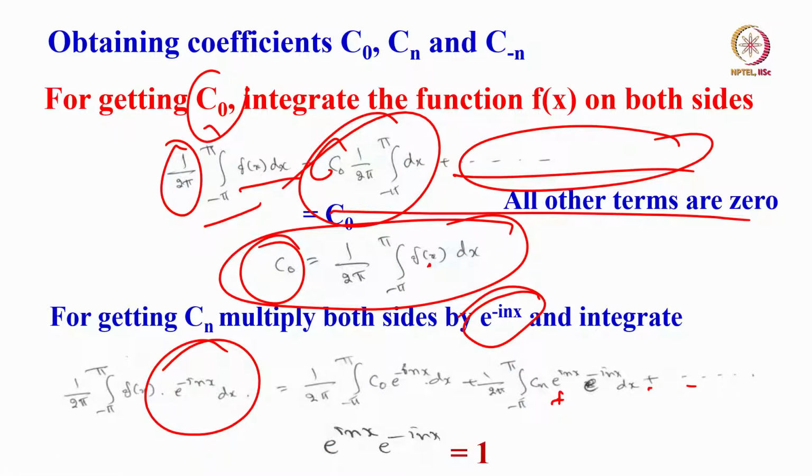Now we know the basic operation: the exponential function e to the power of inx times e to the power of minus inx equals 1. That is well known. Using this here, e to the power of inx times e to the power of minus inx becomes 1. So using this operation, you will show that this turns out to be equal to 1 over 2 pi times the integral from minus pi to plus pi of Cn dx.